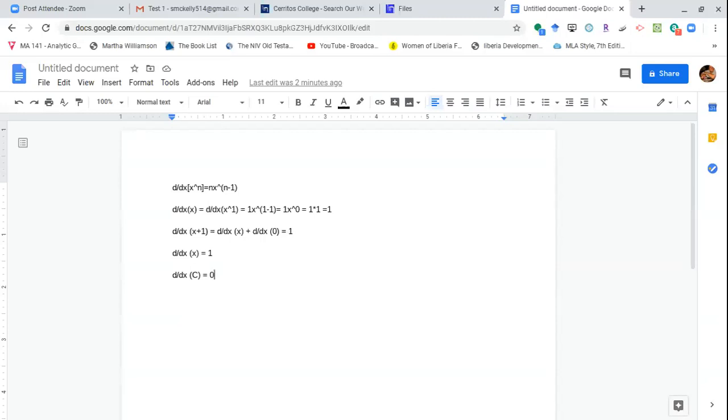Unless he specifically tells you, like on the quiz or the review, to use the definition, then you have to go back to the limit as x approaches 0 of f of x plus delta x. Whatever version you learn, there's a couple of different versions.